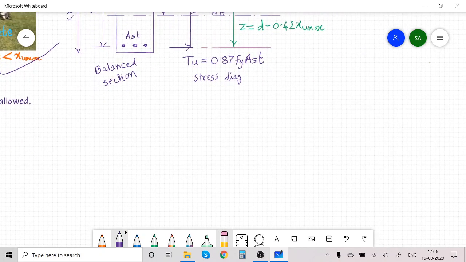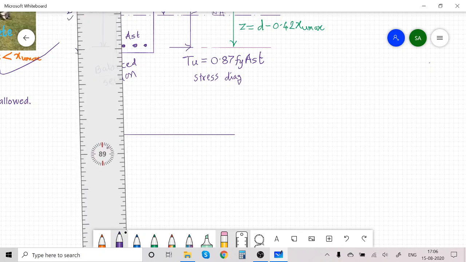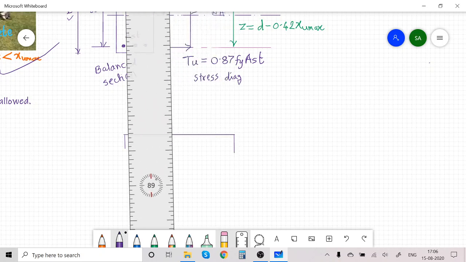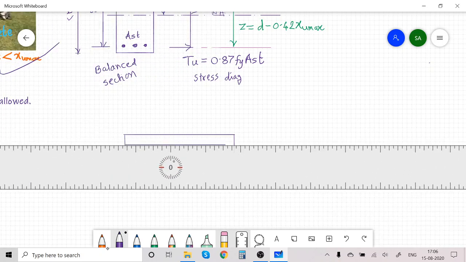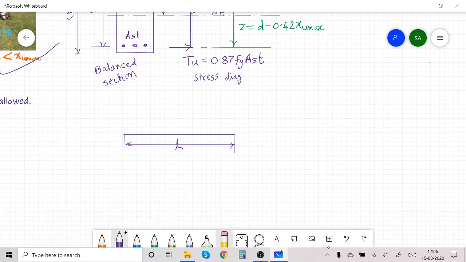Now let us consider a simply supported beam of span L meter, loaded with a factored load, or you can say design load, or ultimate load, UDL, Wu kilonewton per meter.